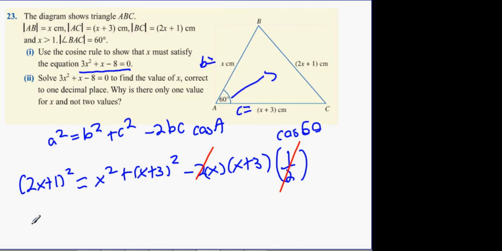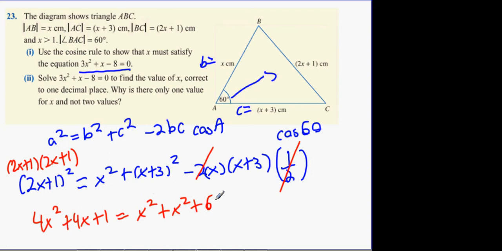Now, 2x plus 1 squared means 2x plus 1 times 2x plus 1. I hope everybody remembers this at this stage. Squared out: 4x squared plus 4x plus 1 equals x squared plus x squared plus 6x plus 9 minus x squared minus 3x. Okay.